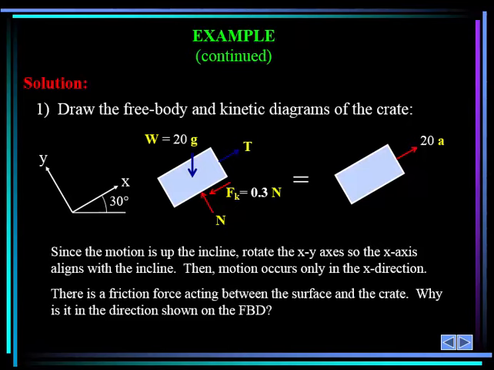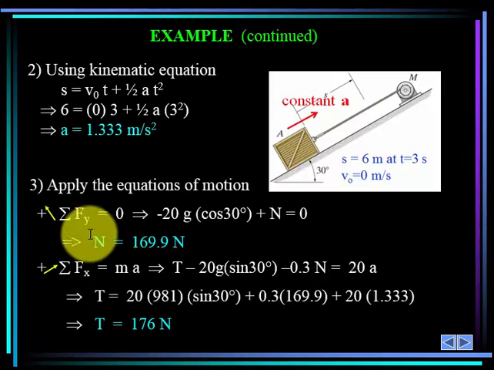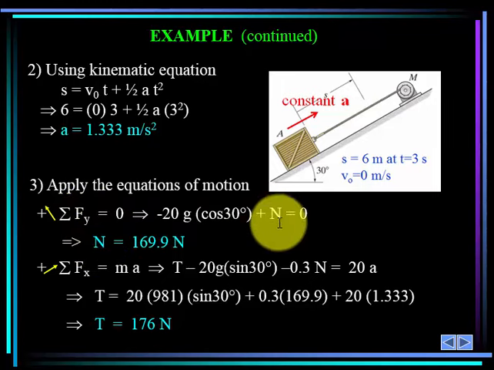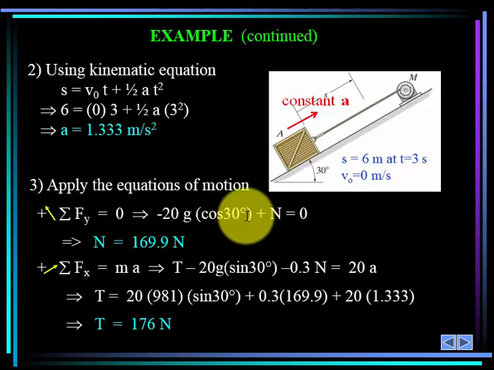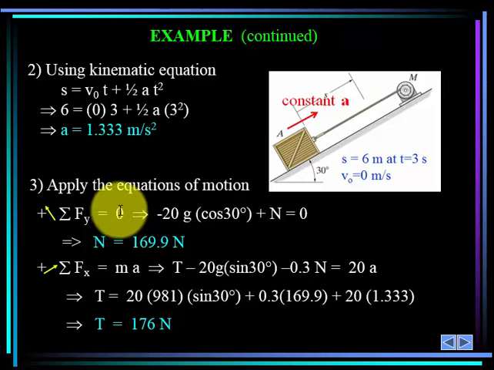Looking back here, our sum of forces in the y direction would be the normal force, positive, the gravitational component, negative, because the diagram showed it pointing in the negative y direction. On the left-hand side, we have mass times acceleration in the y, but that acceleration component in the y direction is 0.